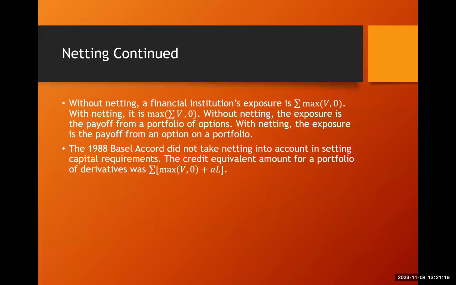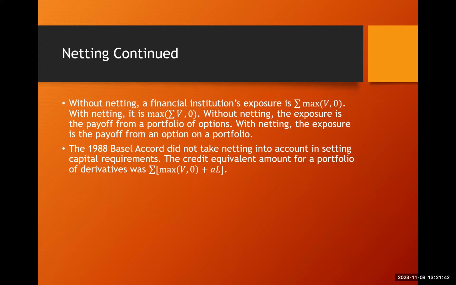So netting reduces the credit risk because it reduces the principal. Another way to put this is that instead of having an option on each transaction, you instead have an option on the portfolio of options.